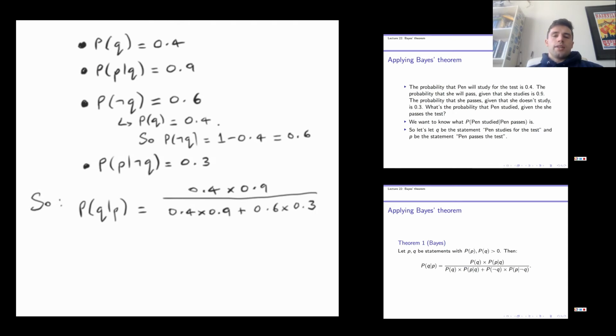And if we put all that into a calculator in the right way, we get that the probability that Pen studies, given that she passes, is 0.36 over 0.36 plus 0.18, which is 0.67, or more precisely, it's 2/3. I've just rounded it here.